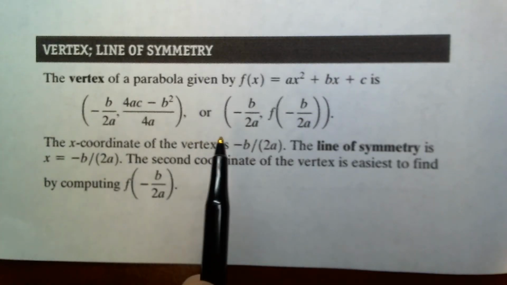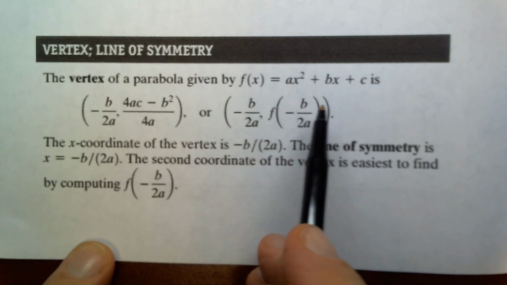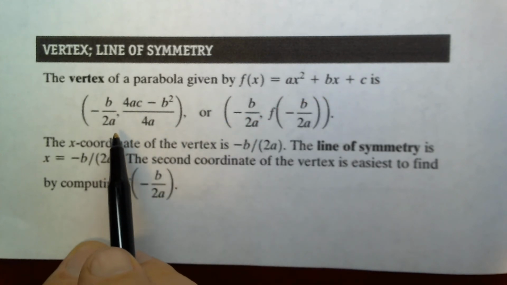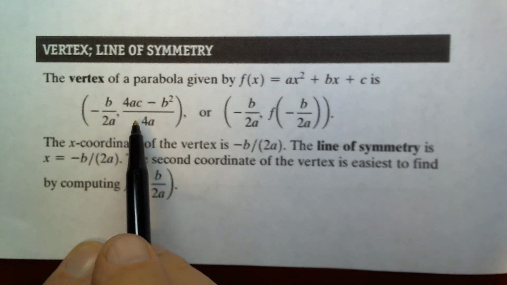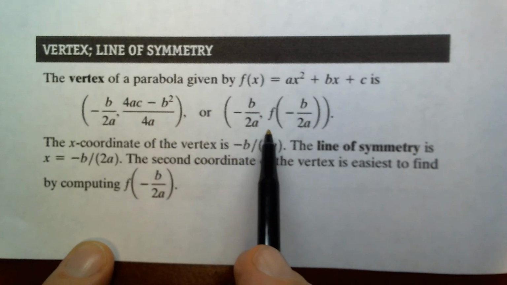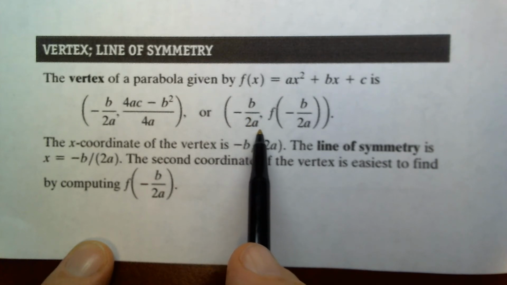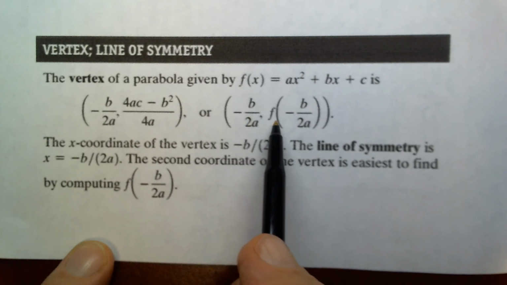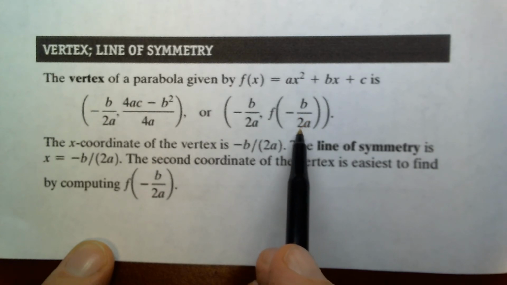When a parabola is given in the form f of x equals ax squared plus bx plus c, then the vertex is given by minus b divided by 2a and 4ac minus b squared divided by 4a. Or, equivalently, minus b divided by 2a, comma, the function evaluated at minus b divided by 2a.